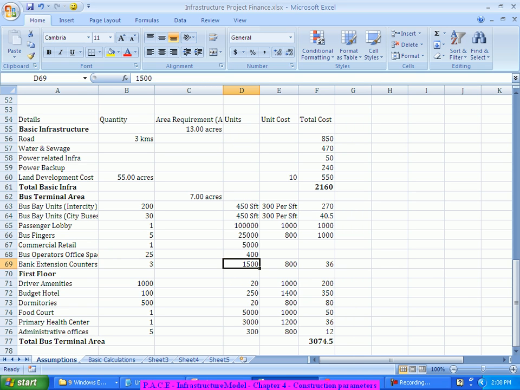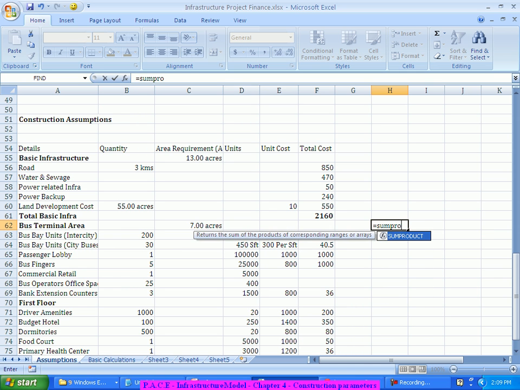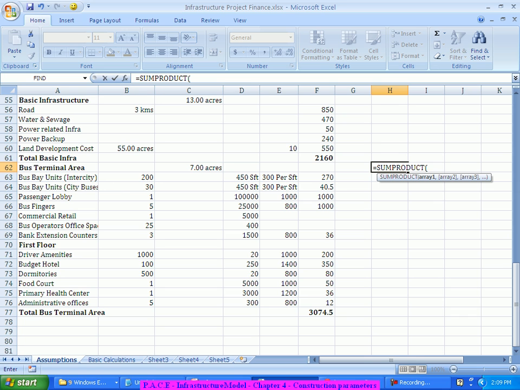If I want to compute the total space in terms of SFT, it's not a model, but we are just trying to compute whether it is sufficient or not. I'll use a simple sum product function, which will multiply one by one and add up all of them.